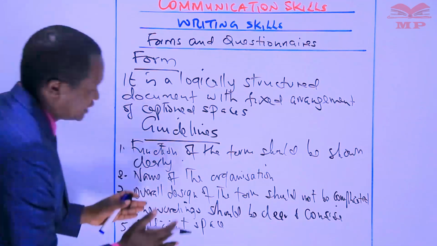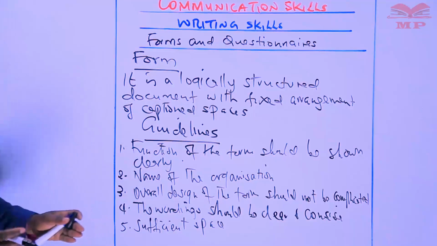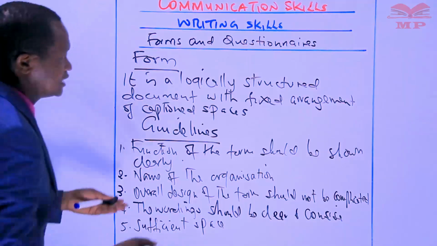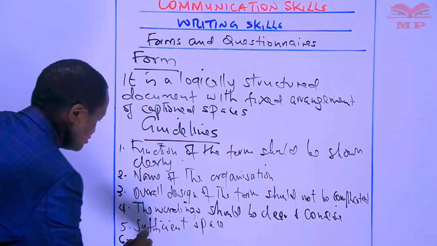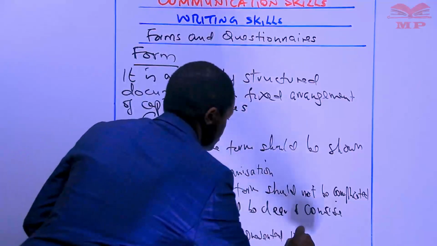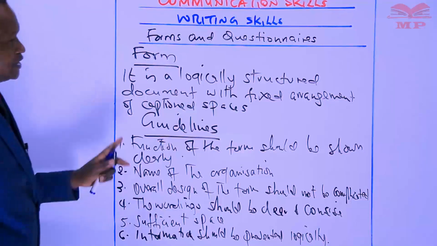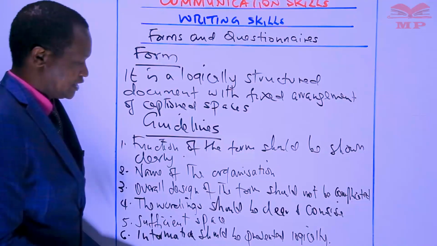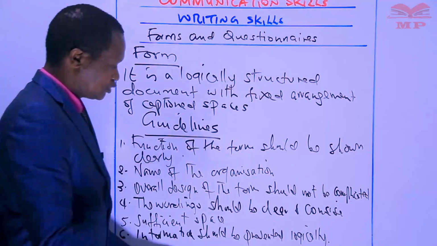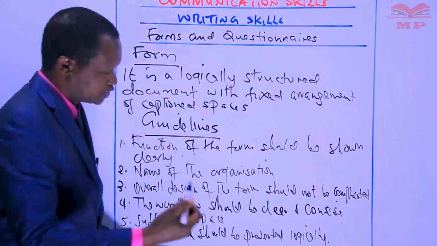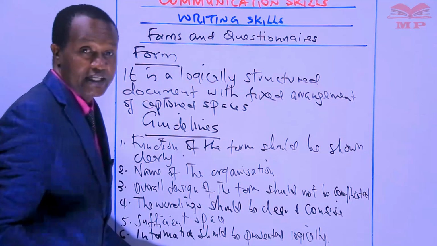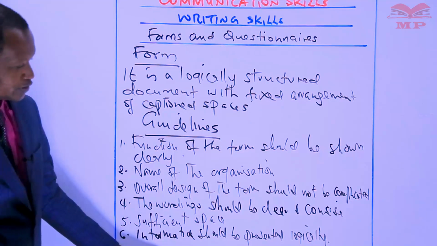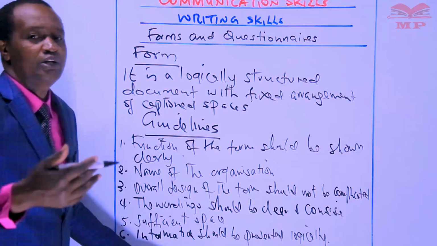So these are some of the guidelines. They are not the only guidelines. We can also say the information should be presented logically. Number 6. You said here that a form is a logically structured document. So the information that is requested should be sequential, should be logically presented or arranged.